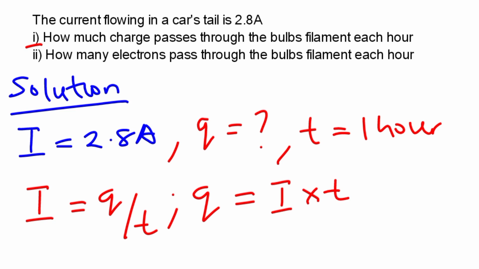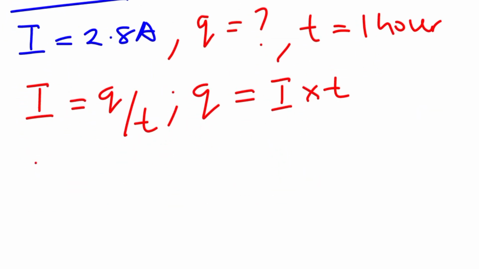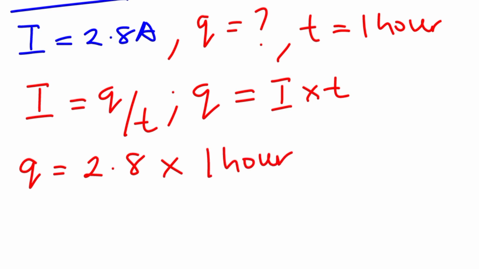So Q equals 2.8 times 1 hour. But we can't just solve for 1 hour that way.